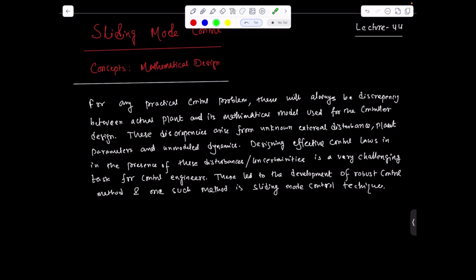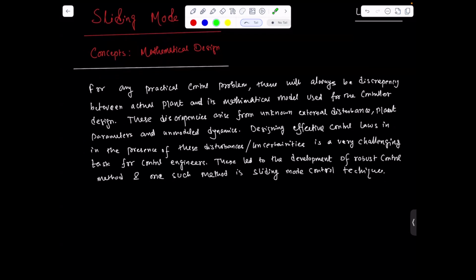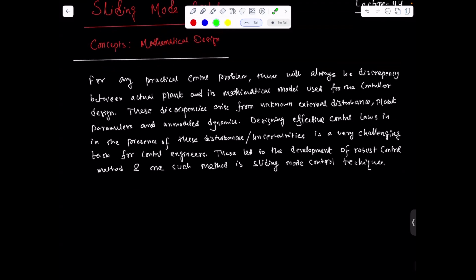So now we'll take a simple example and we'll try to understand how we can design sliding mode control effectively for a nonlinear system. So first, let us take a nonlinear system.